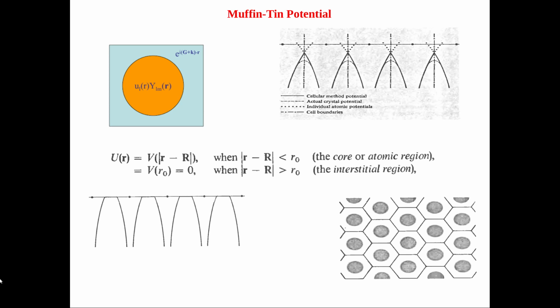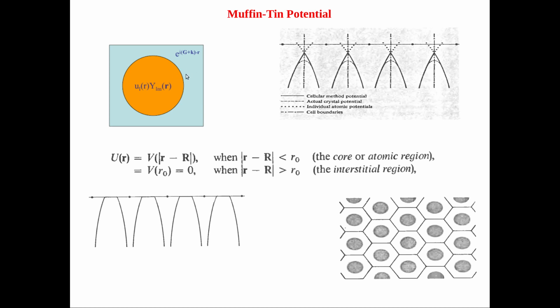Now let us see how the interstitial DOS comes and how it varies, on what factors the interstitial DOS depends, and how to choose this Muffin tin radius. These are practical questions and I will answer them in a practical way.